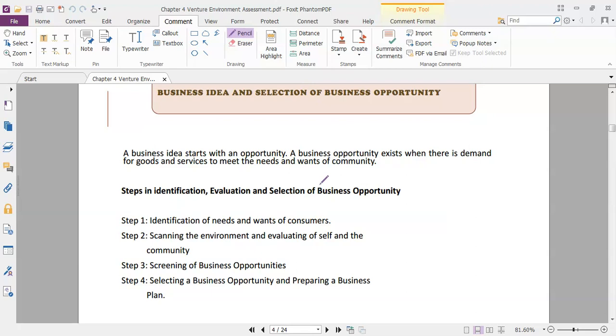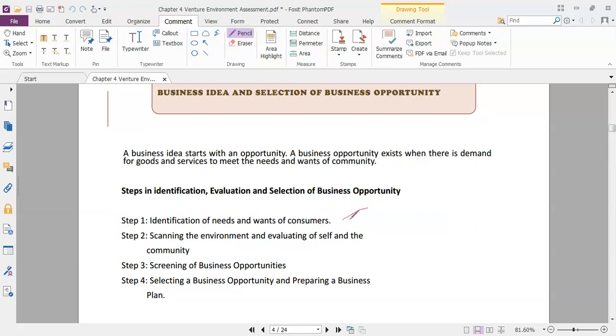A business idea starts with an opportunity. A business opportunity is when there is demand for goods and services to meet the needs and wants of the community. The steps in identification, evaluation, and selection of business opportunities: step number 1 is to identify the needs and wants of consumers.